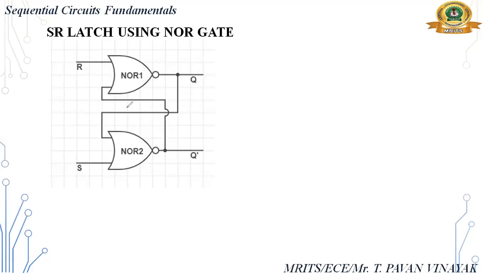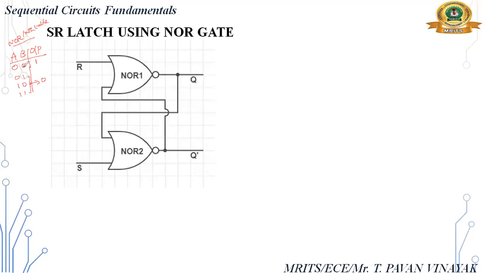With inputs A and B and an output, when both inputs are 0, the output is 1. For the remaining conditions, the output is 0. This is the NOR gate truth table.